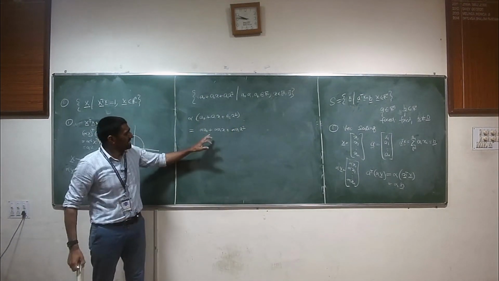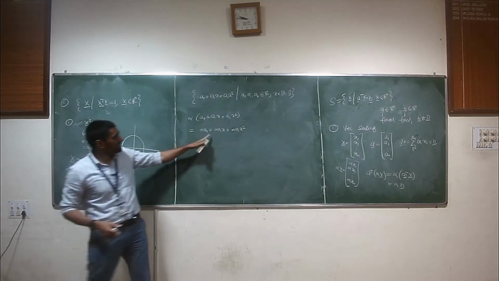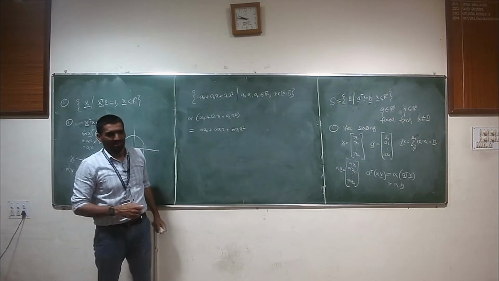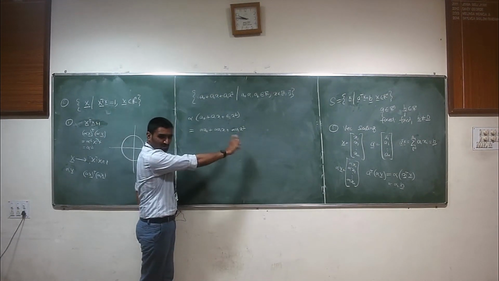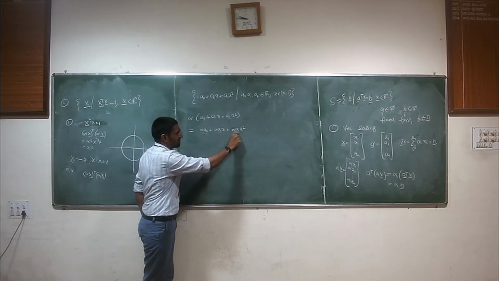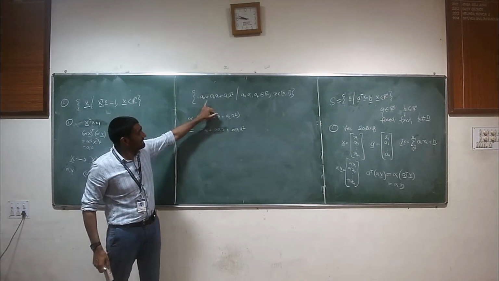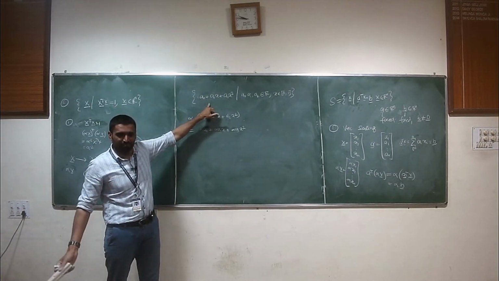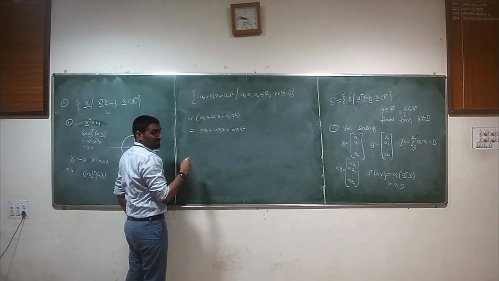Now the question is, does this belong in this set? What is the condition for this to belong in that set? It has to be a polynomial of order 2 or lower, true, and its coefficients have to be real numbers. Are these real numbers? These are real numbers. That means this is in this set. So this set is closed under vector scaling.